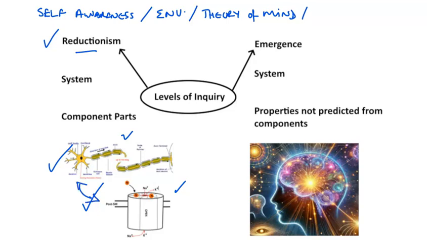So we look at the small parts, and then we put them together to form systems, and hope that having put them together, the system will reveal the nature of the property we're trying to work on, which of course in this case is consciousness.